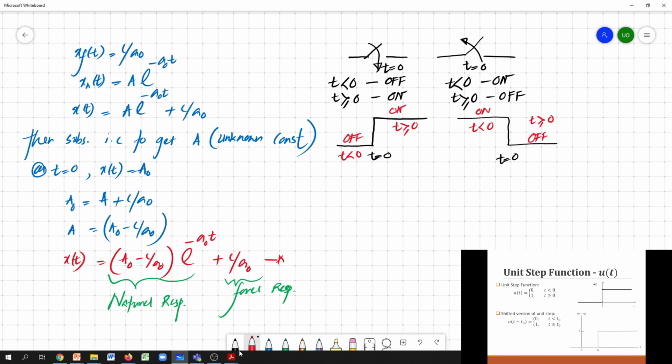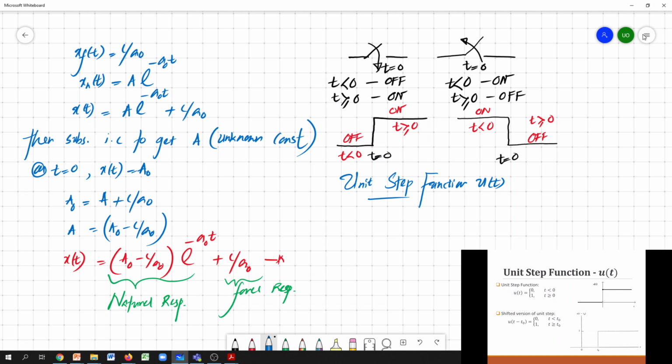Now our idea is to replace this switch using a unit step function, u(t). The objective in our discussion is to replace this switch, whether mechanical or electromechanical, using a mathematical function, the unit step function.